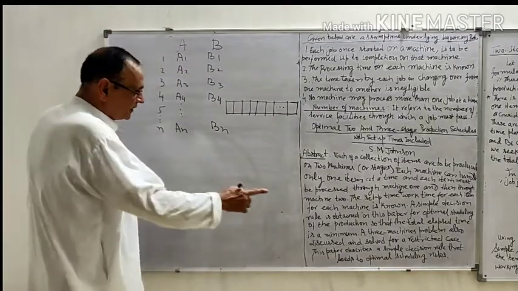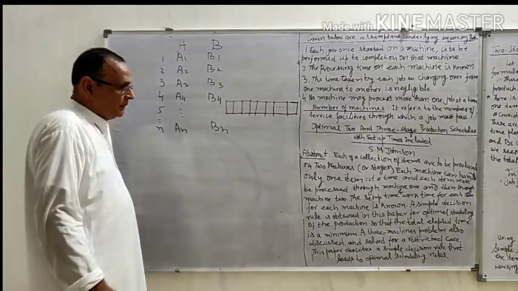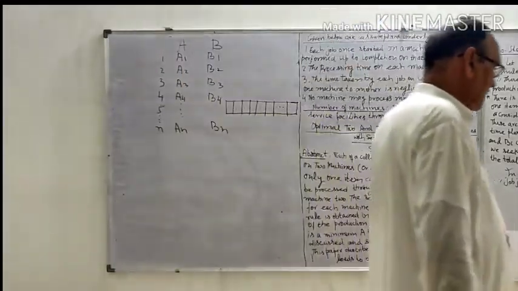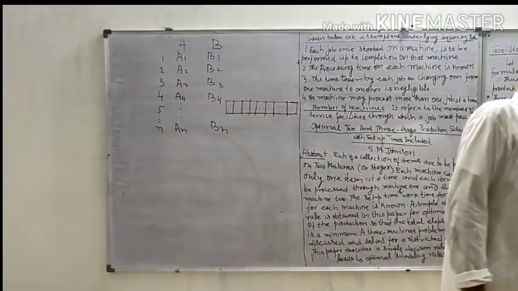Then the second step is this: scan all the processing times for the shortest one.